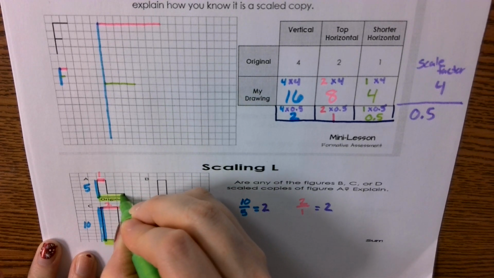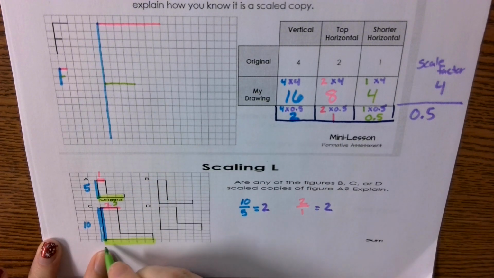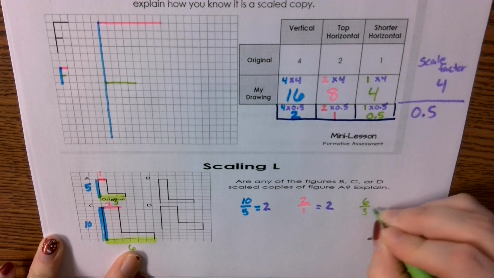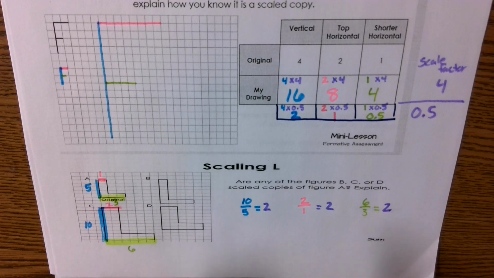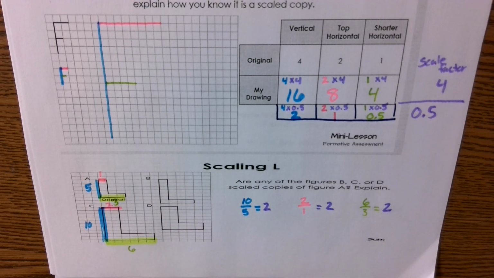For this bottom measurement, we've got a value of 3, and this bottom measurement is a value of 6. If we take 6 and divide it by 3, it's going to give us a measurement of 2. Okay, and we could keep doing it and checking all of the sides. They all would come out to a scale factor of 2, whereas these other shapes do not have any proportional scale factors that are consistent throughout.